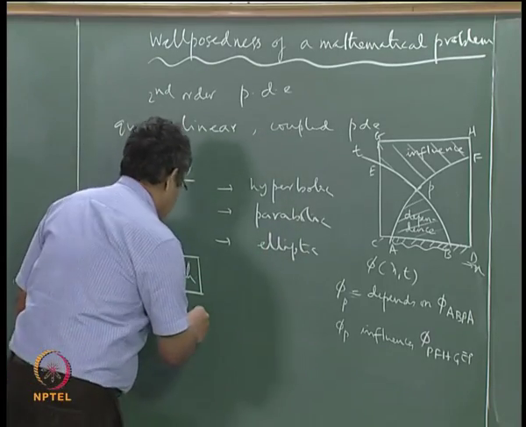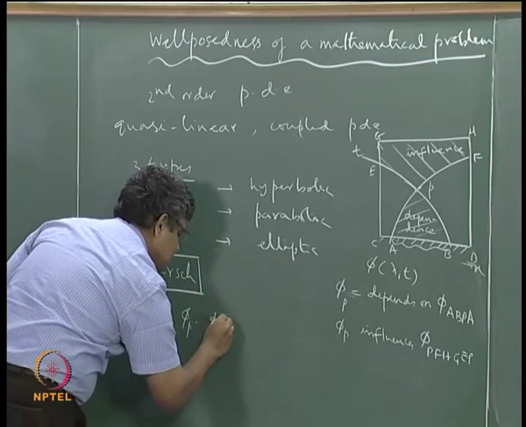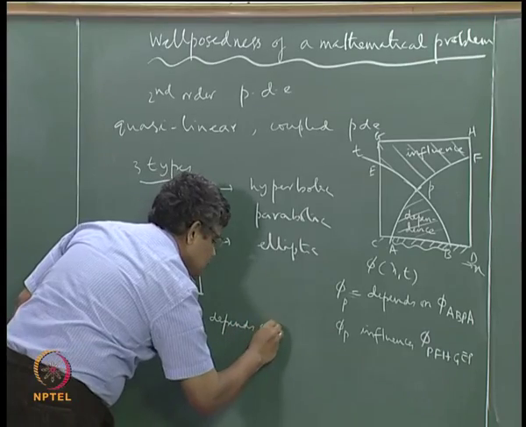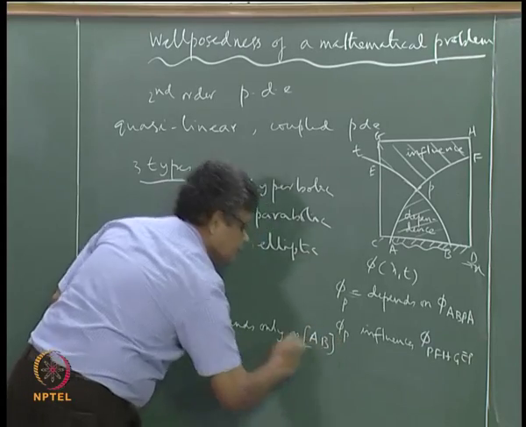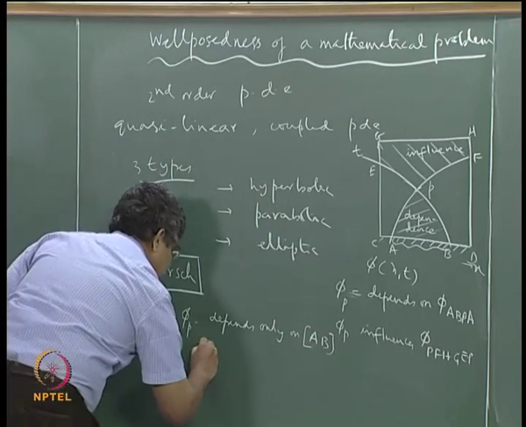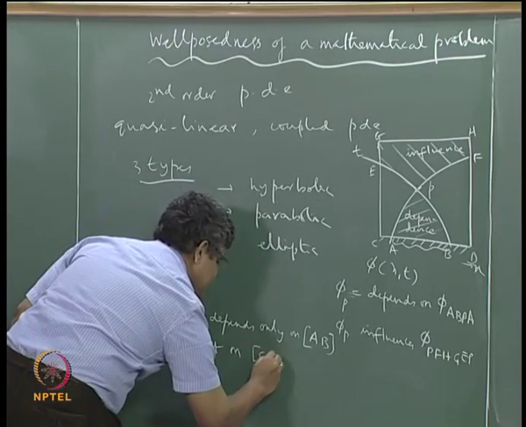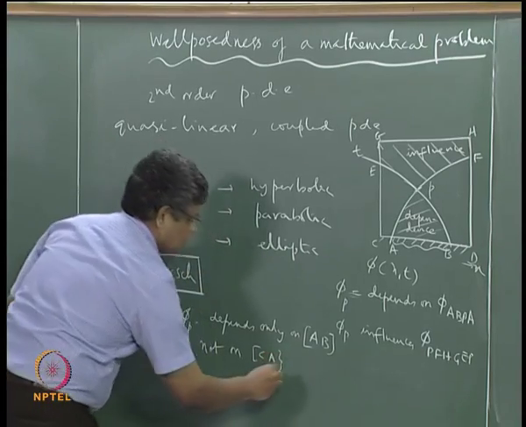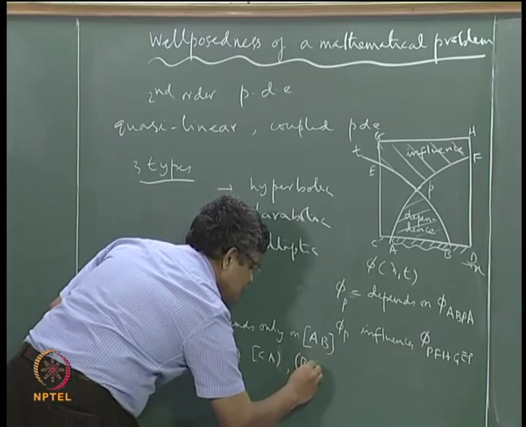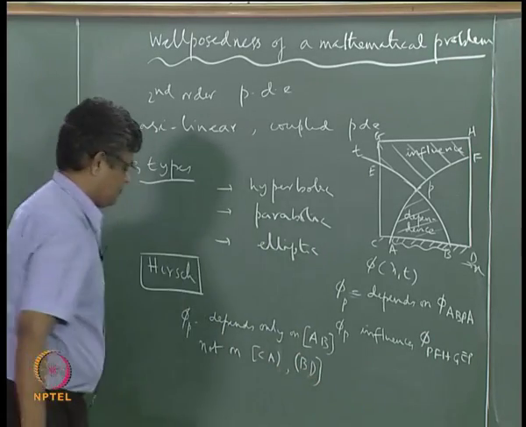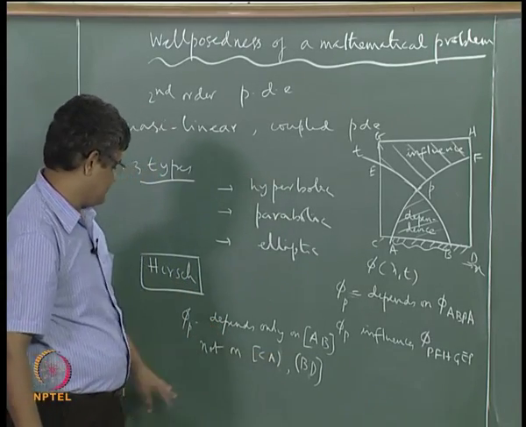So phi P depends only on A B. It does not depend on C A or B D, where I am indicating the small brackets to say that this point A does not belong to this.